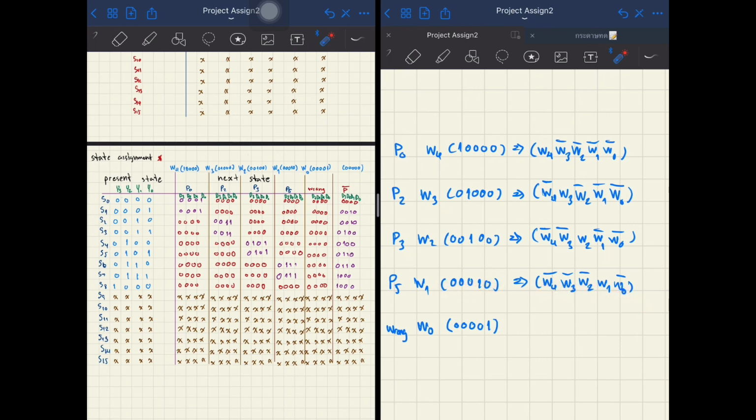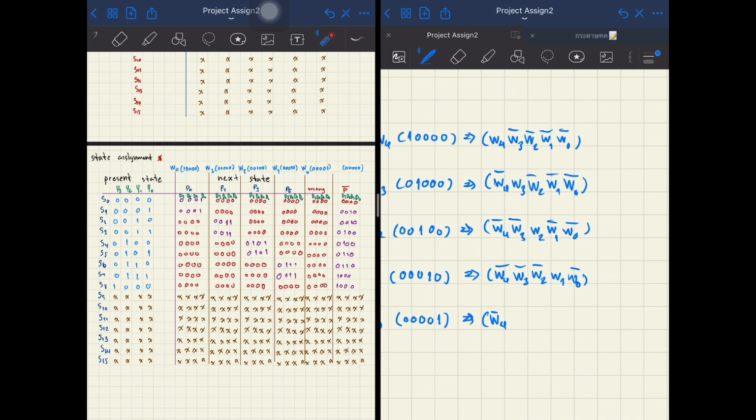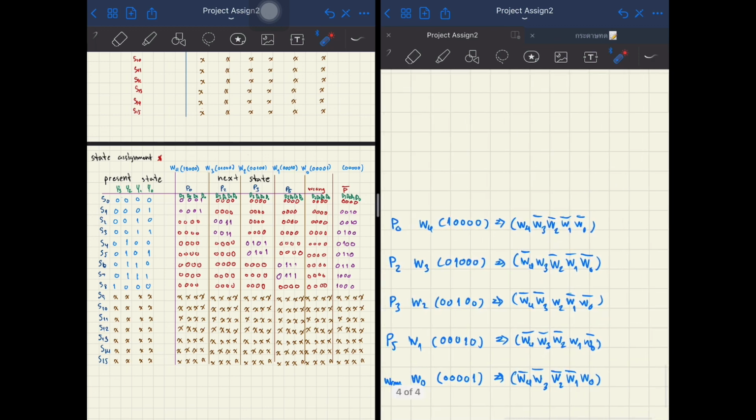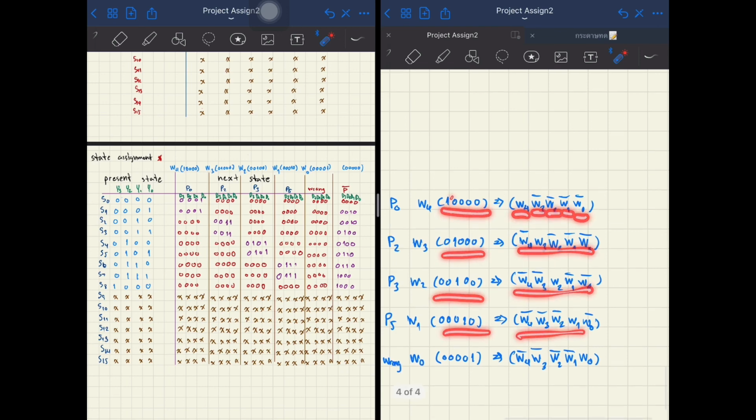And then the last one, W0, we give bar to W4, W3, W2, W1, and for W0, we don't give it. So here we can convert the binary into this variable for connecting at flip-flop.